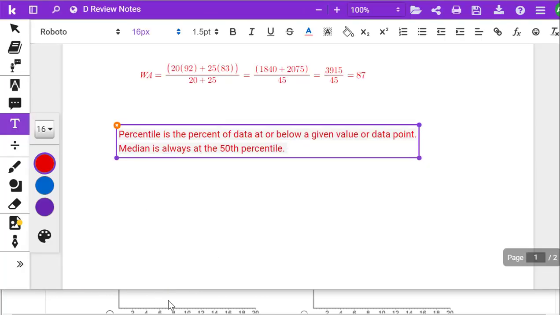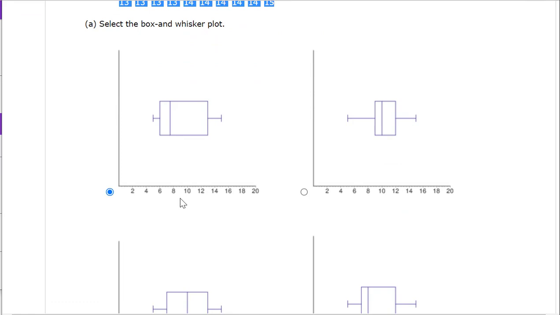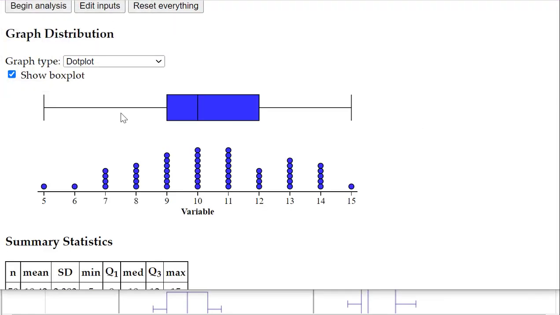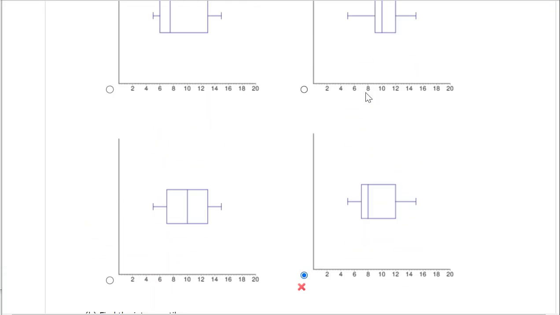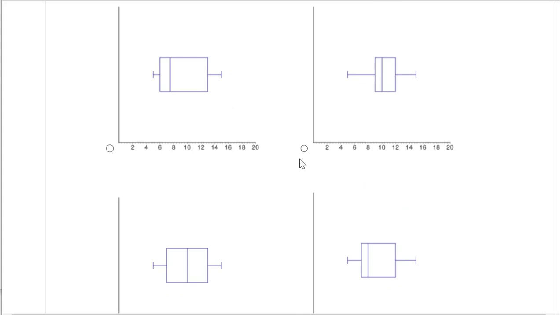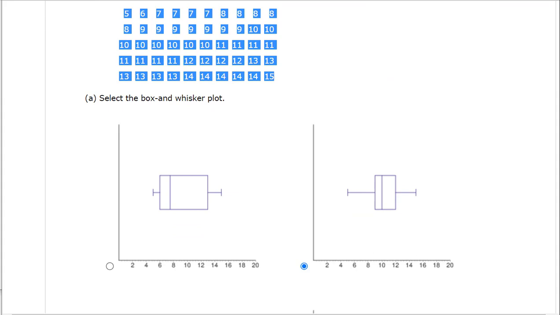All right, let's look again. That looks pretty wide. They kind of scaled it down, didn't they? Makes it look weird. Okay, I'm going to say it looks closest to this one. It says Maple generated plot. I have to learn Maple, apparently. It looks closest to that one because, first of all, there's some width on our whiskers.